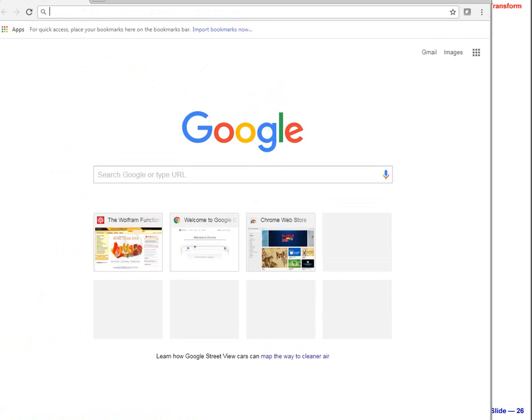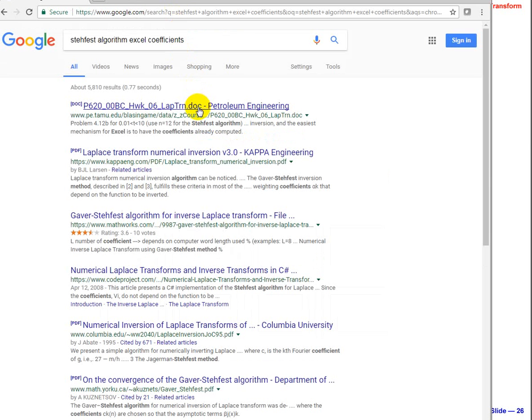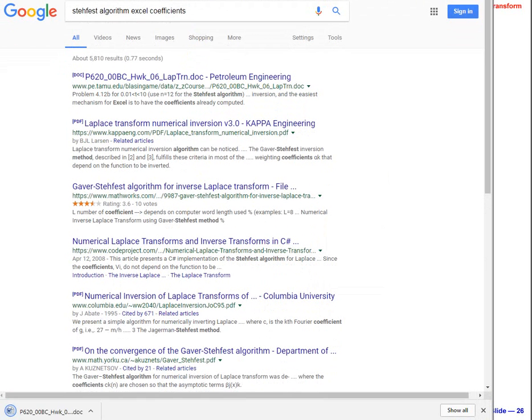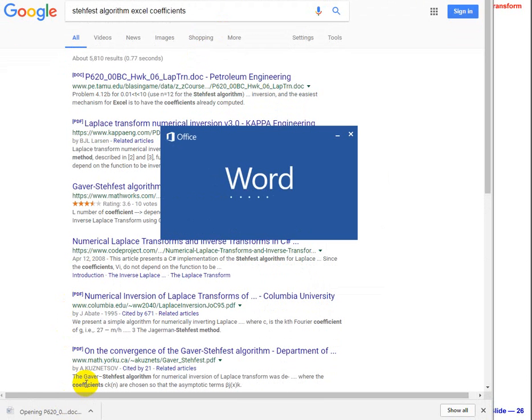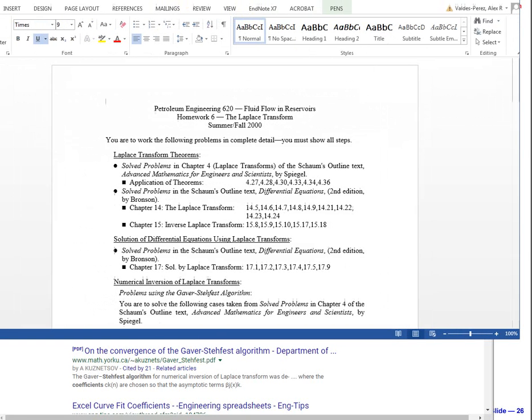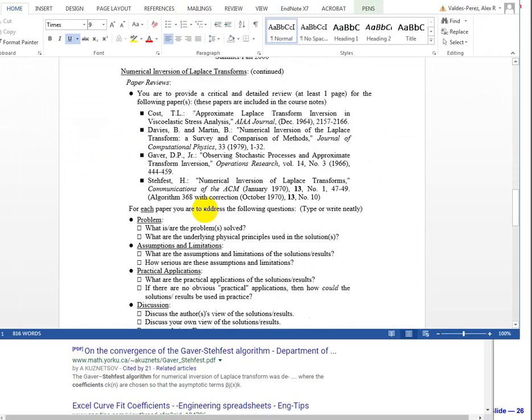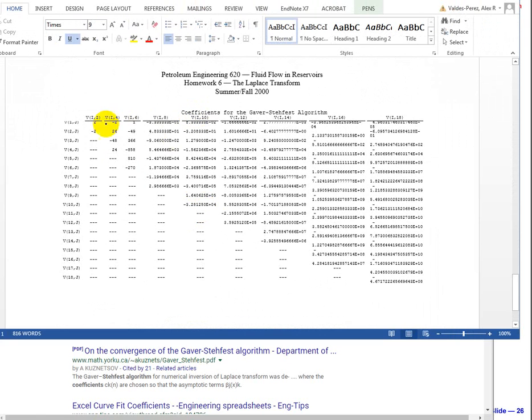Somebody, I'm not going to say who, gave this homework. These V's are already computed here.